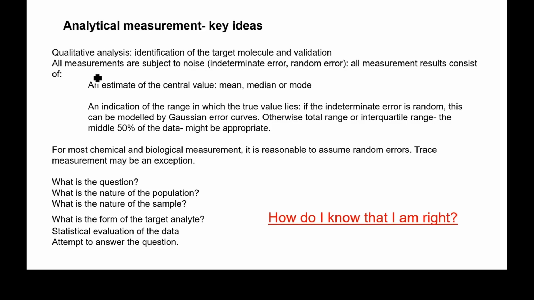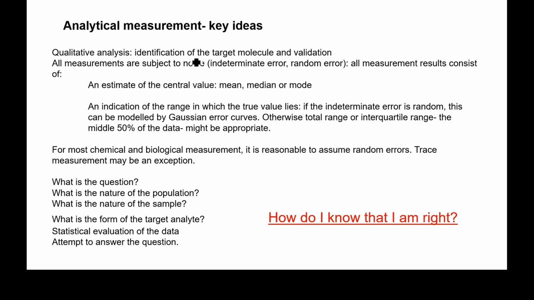And all measurements are subject to noise, so some sort of indeterminate error or random error. And all measurements that we report should consist of the central value, which is typically the mean or the median or the mode, but usually the mean, and some indication of the range within which the true value lies to a given probability, so typically 95% confidence limits.